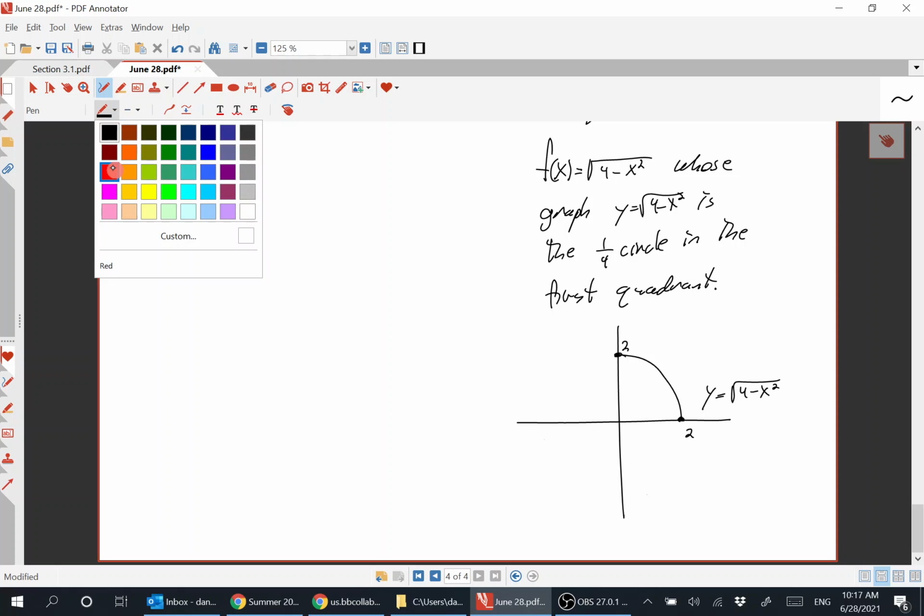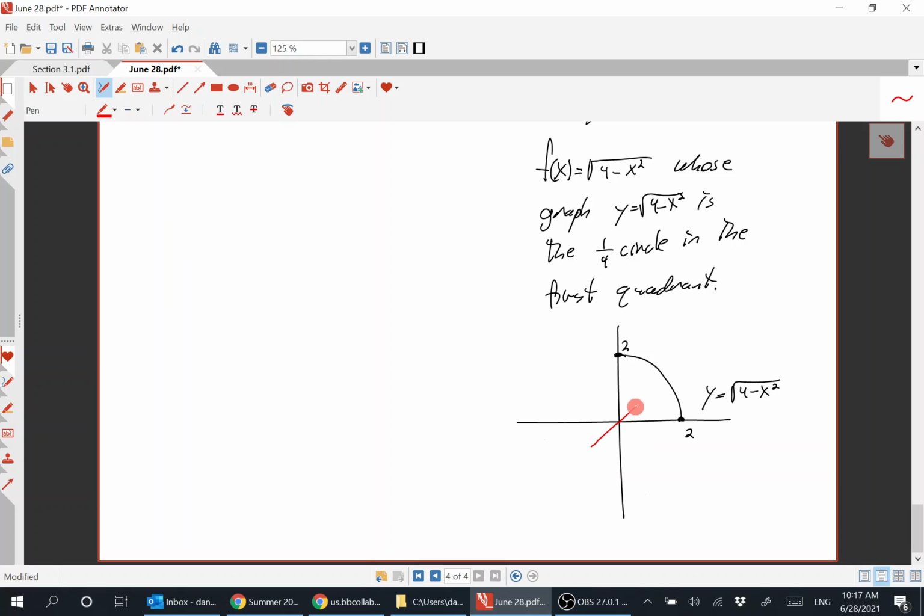Now, if I take the line y equals x, and I flip the graph around that line, what's going to happen? It's not the best picture because it doesn't show what I want to show. There we go, that's better. If I reflect this around the line y equals x, what happens? What do you get? Same thing. Same thing. So this function should be its own inverse.